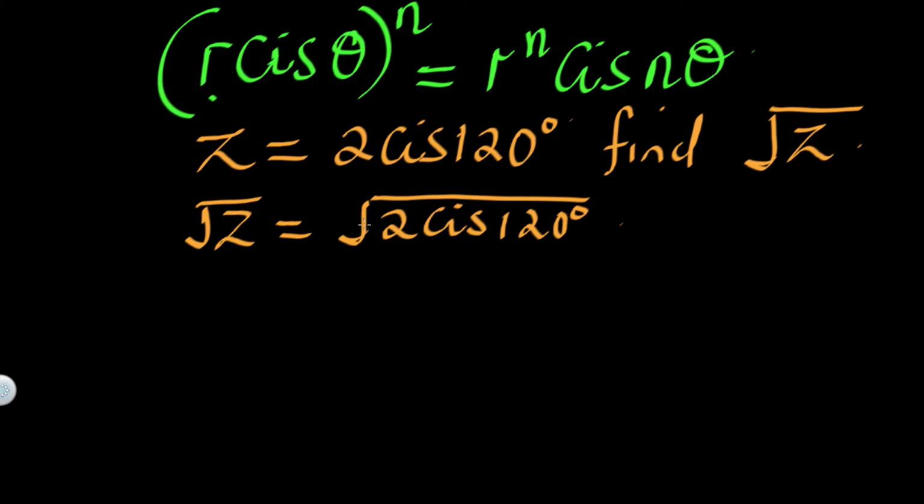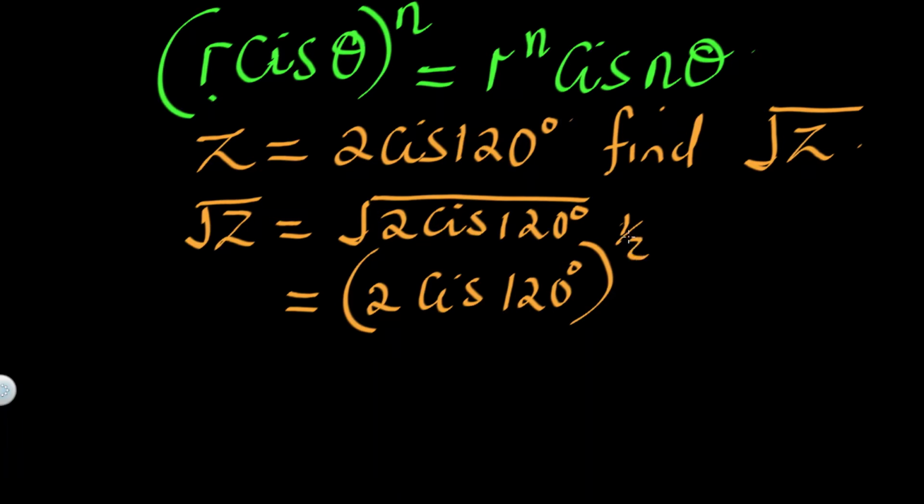And we know that when you take the square root, it is the same as raising to the power of half. So this is like 2 cis 120 degrees to the power of 1 over 2. Applying de Moivre's theorem in this case, it means 2 to the power of half cis 1 over 2 times 120 degrees.